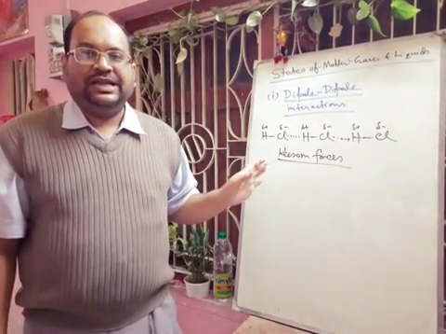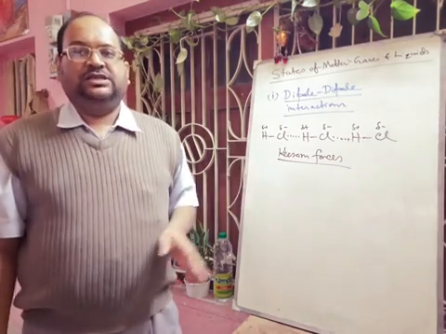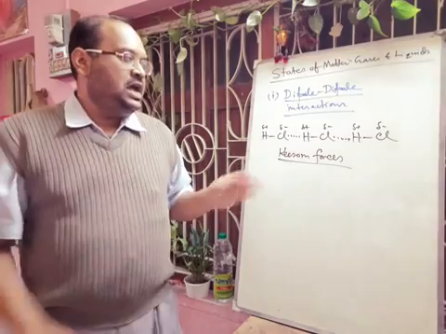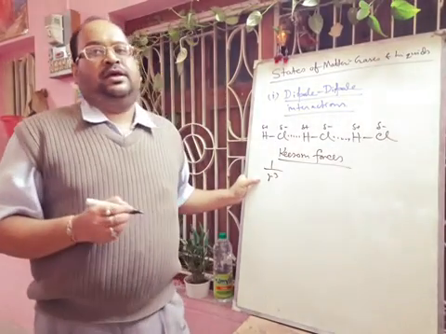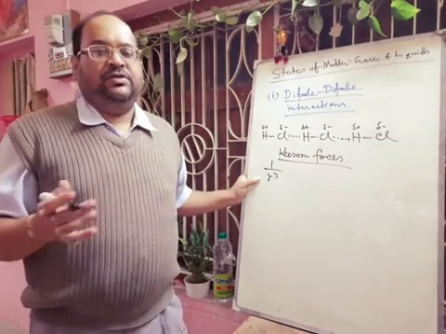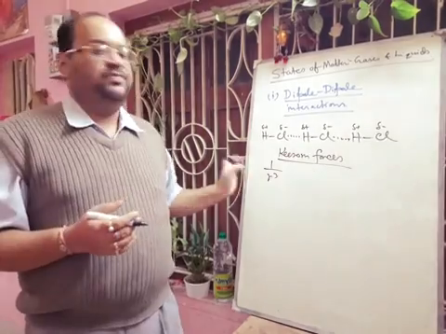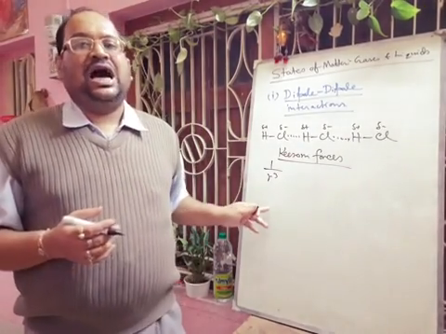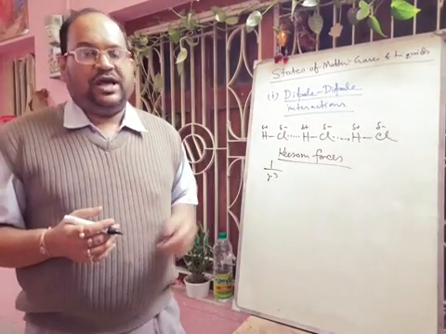The dipole-dipole interaction energy between stationary polar molecules is proportional to 1 by r to the power 3, and that between rotating polar molecules is proportional to 1 by r to the power 6. Now what is r? r is the distance between the two polar molecules.